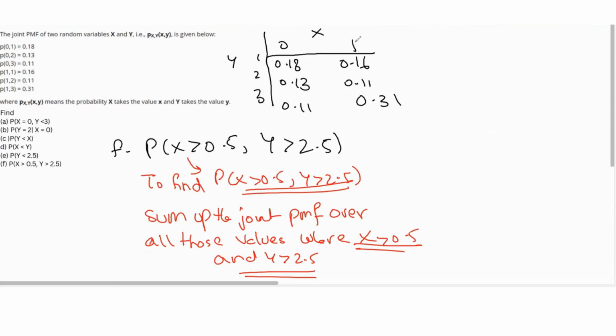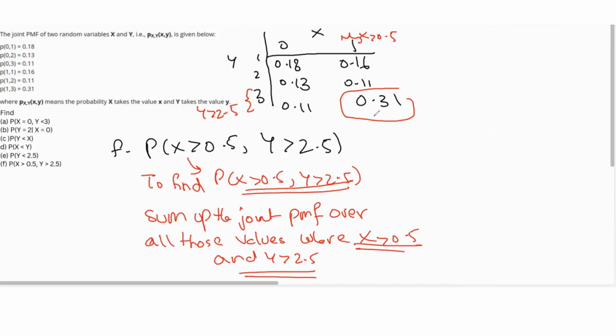So x is greater than 0.5 means that x is 1 in this case simply. y is greater than 2.5 simply means y is equal to 3 in this case. So in our joint PMF, we want to sum those values, which is just 0.31.